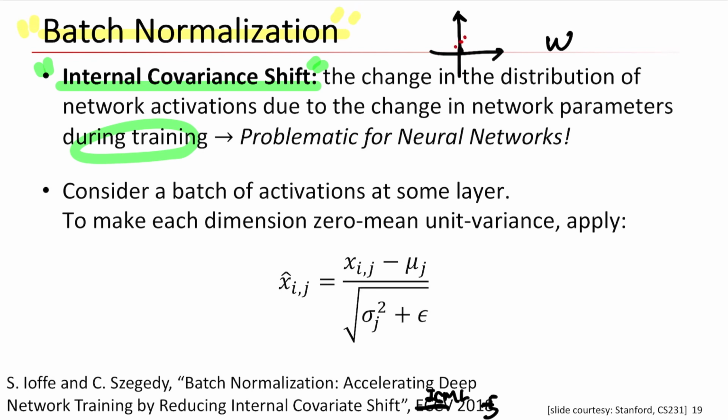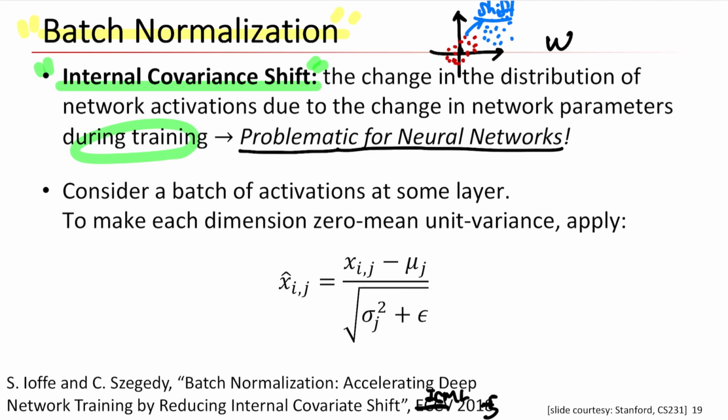Let me draw this network parameter W here, right? As the iterations evolve, the network parameter distribution might shift here. Why? Because there are several reasons for this shifting, right? Because of this shifting, it becomes problematic for the deep neural network.